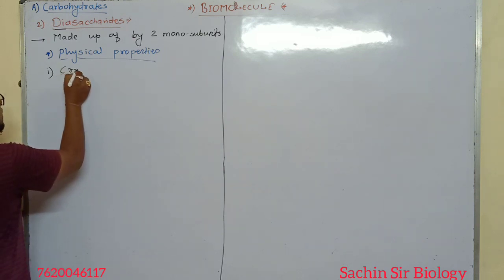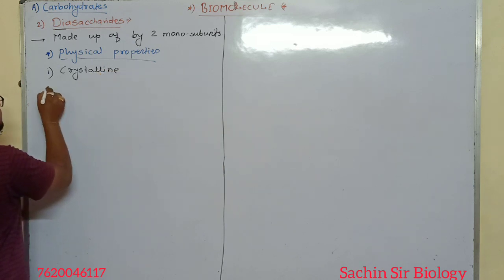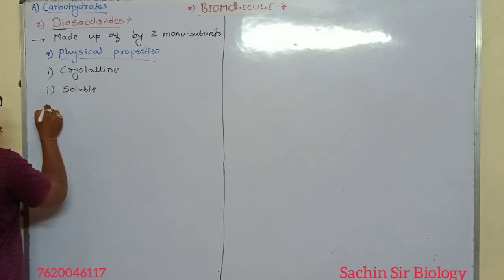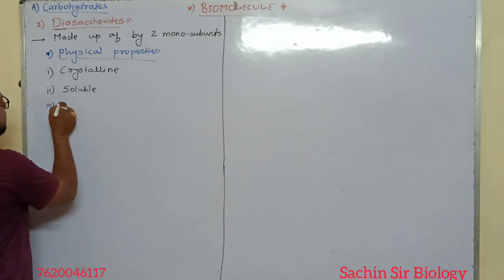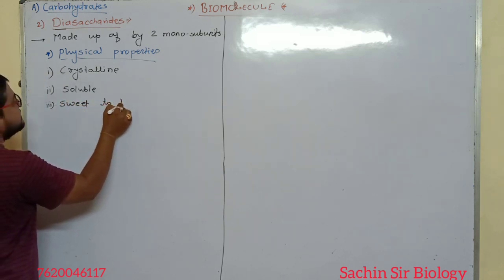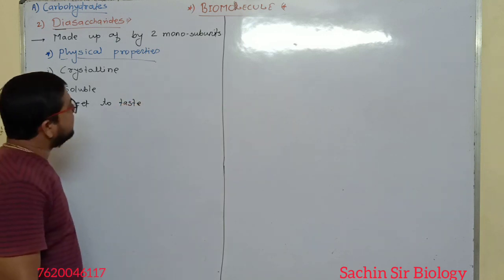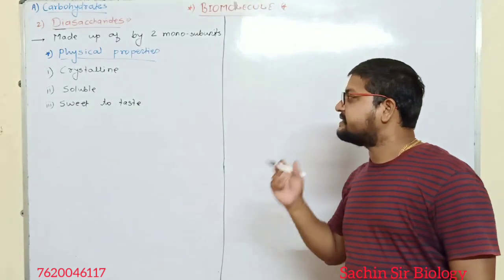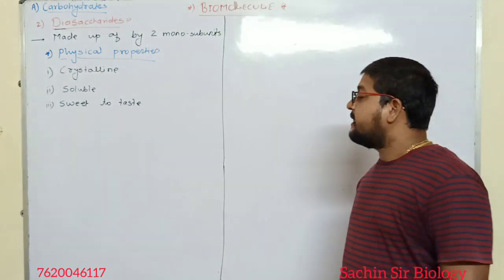First, they are crystalline. Second, they show solubility, meaning they are soluble. And third, disaccharides are sweet to taste. In this way, these are some basic physical properties of disaccharide. They are crystalline, soluble, and sweet to taste.